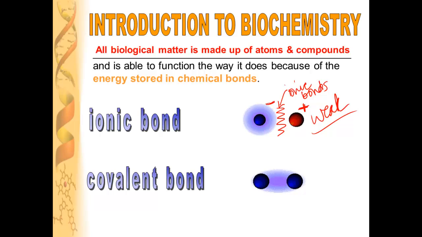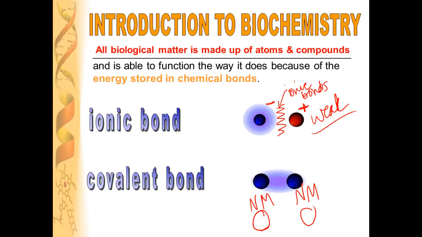The covalent bond happens between a nonmetal and a nonmetal, for example, carbon and oxygen, or oxygen and oxygen. When two nonmetals come close together, it would take a lot of energy for a nonmetal to give away all of its valence electrons because it has so many of them.